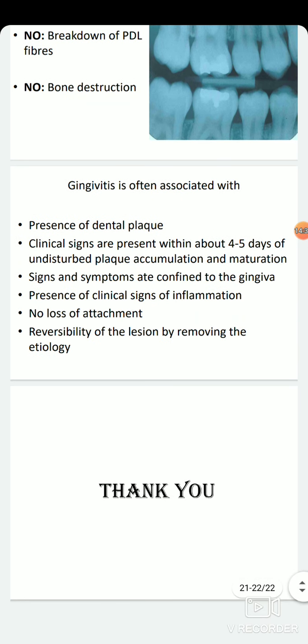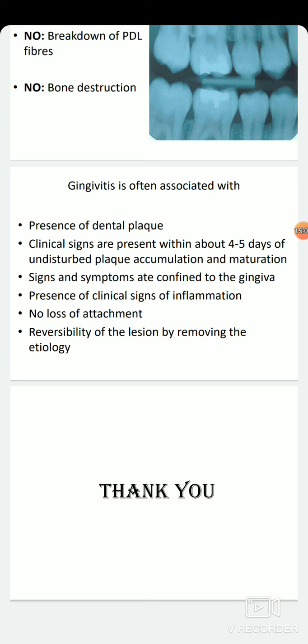To summarize, we have gingivitis, which is an inflammation of the gingiva. Based on etiology, it is plaque induced and non plaque induced gingivitis, and based on course and duration, it has been classified into acute, subacute, recurrent, and chronic gingivitis.